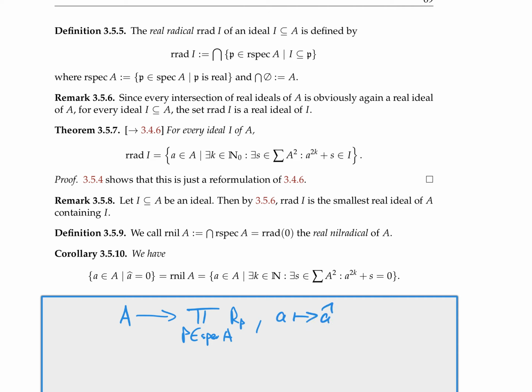This was a ring homomorphism, and we said that it would be nice if it were injective. Usually there is no hope in most cases that it's surjective, but injectivity would be nice, or at least we would like to understand the kernel, and it would be nice if the kernel is not too large. Here we can characterize the kernel. So that's the kernel of this real representation, and it turns out it's exactly the real nil radical.